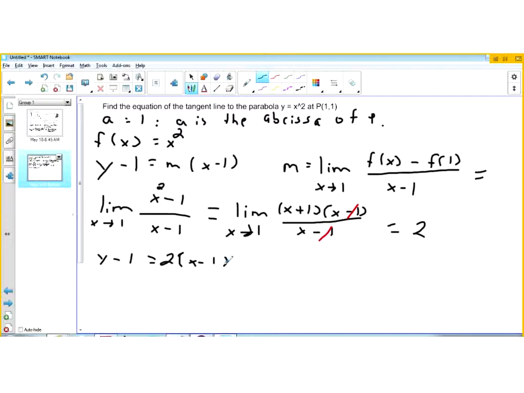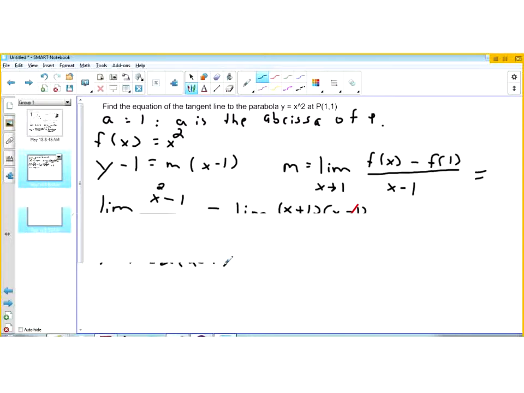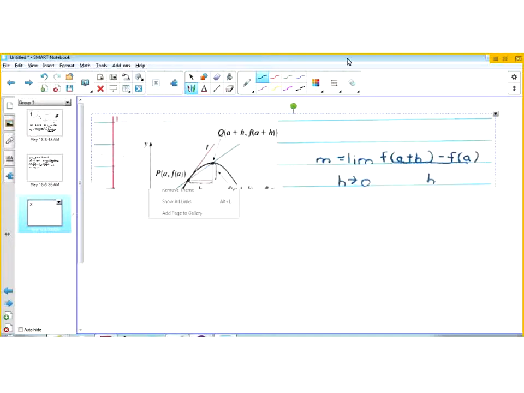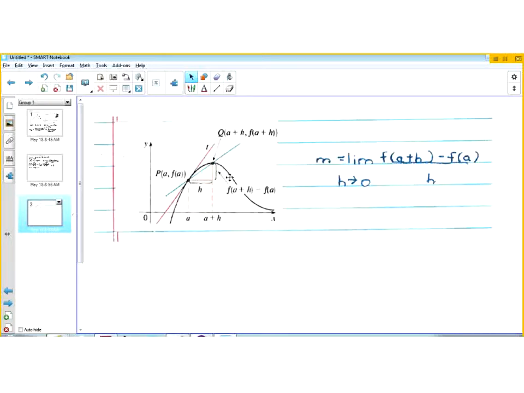All right, so we can express the slope of the tangent line in terms of the difference quotient of a function. So let me pull up an illustration for you. Okay, so let's focus on the illustration initially. So again, here we have the black curve as our function.